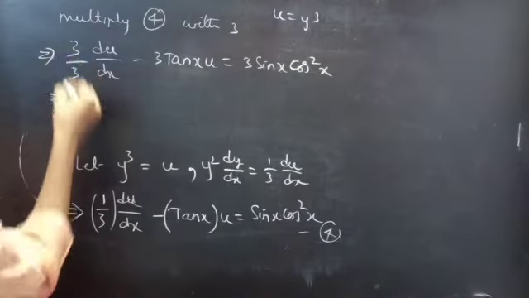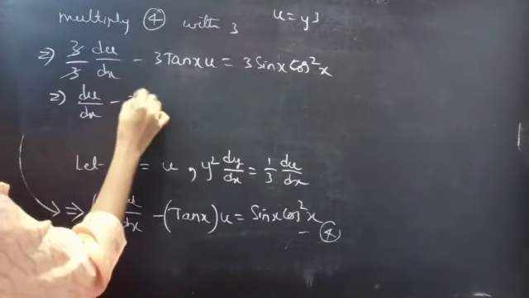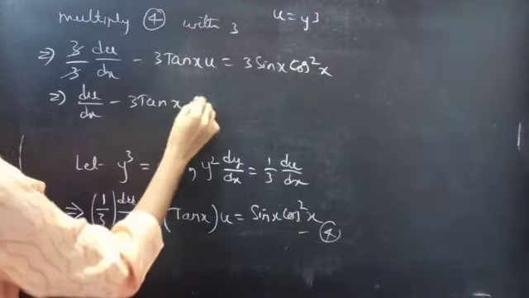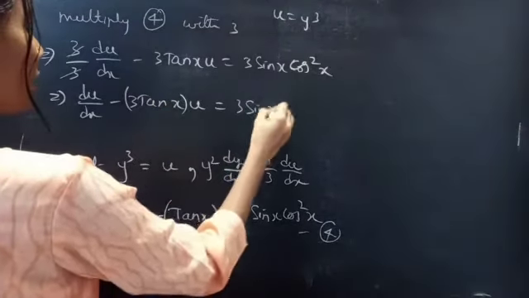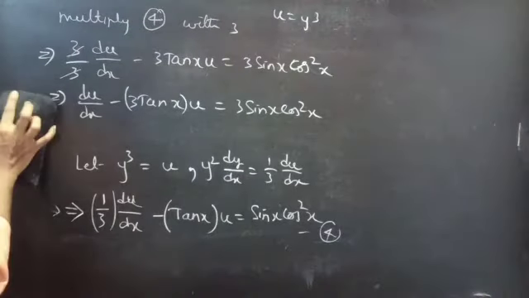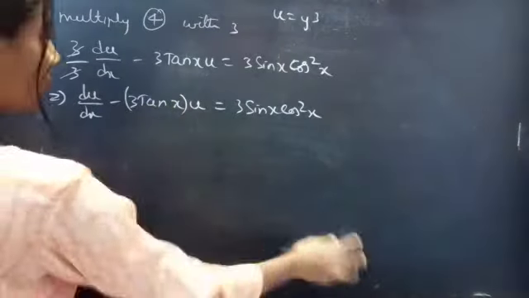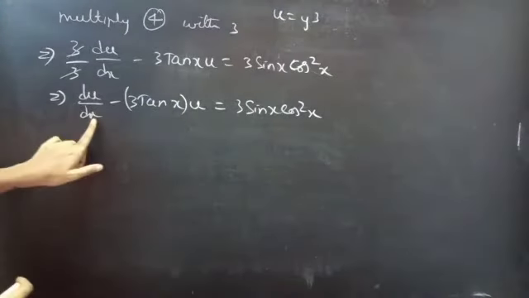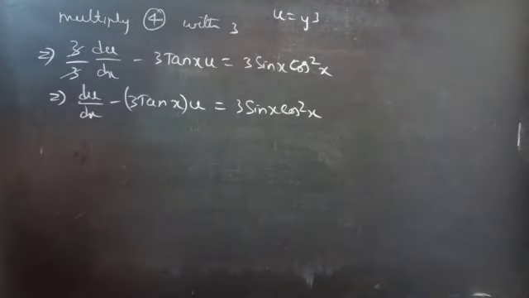Then the 3 gets cancelled and we get du by dx minus 3 tan x into u equals 3 sin x into cos square x, which is linear in u. Here x is considered the independent variable and u the dependent variable.